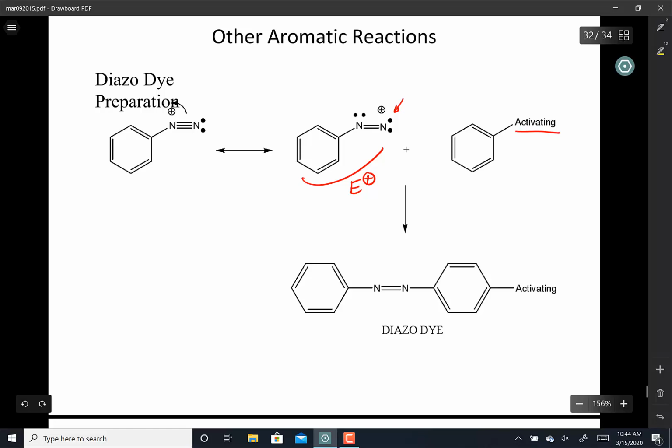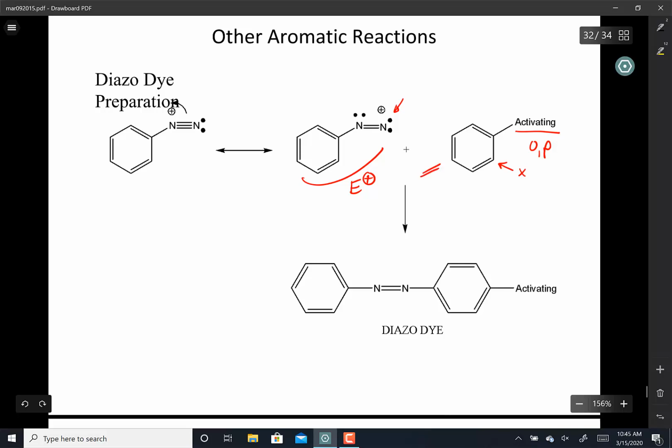The activated group is going to be an ortho-para director, but here's the second case where I'm going to introduce the idea of sterics. Adding ortho is probably not going to happen, simply because there's too much steric hindrance between the activated group and this huge ring that I'm putting on.